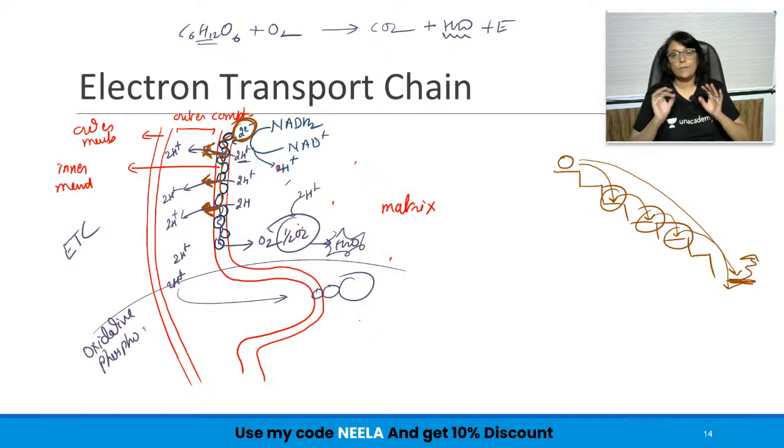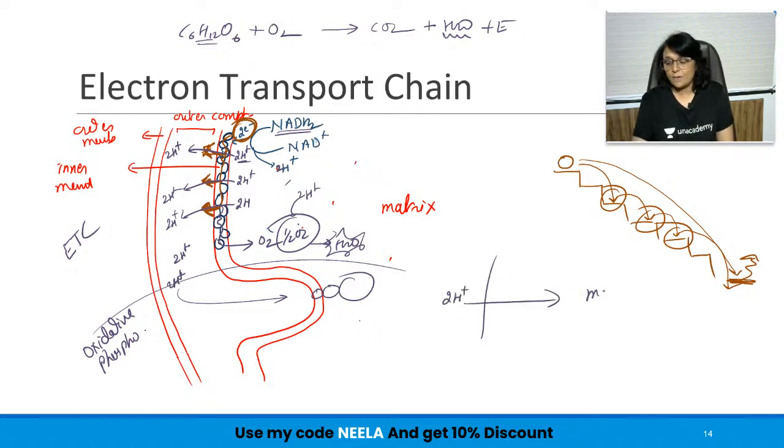Okay, so I have given you some basic idea of what happens when one NADH2 dissociates. And when one pair of protons comes back into the matrix, it gives us 1 ATP.